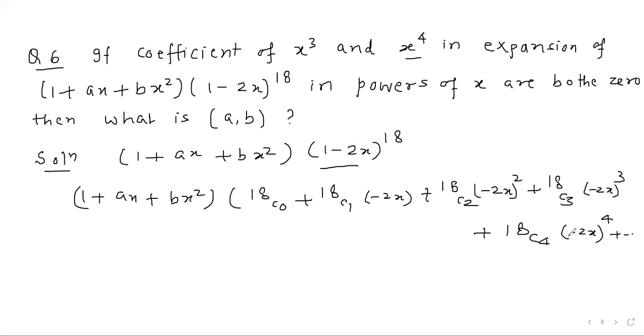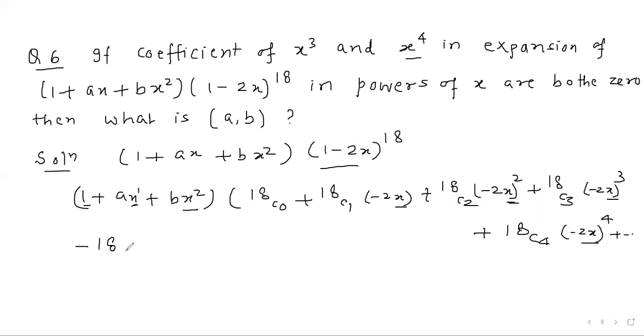Our concern is up to the 4th power. So let's find the coefficient of x power 3. From here, 1 should be multiplied to this term, then we will get x power 3. x power 1 will be multiplied to x square to get x cube. Similarly, x square should be multiplied to x power 1.